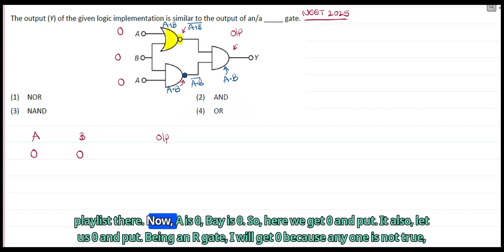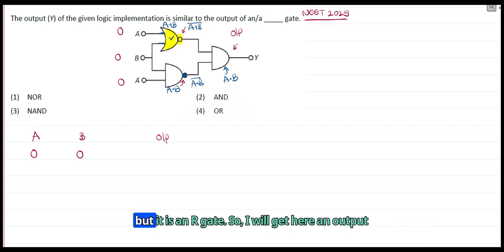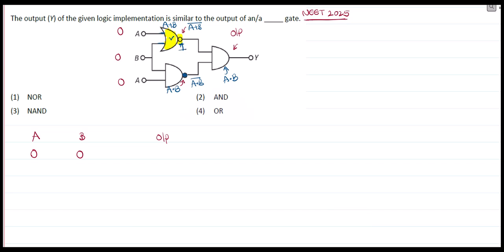Now A is 0, B is 0. So here we get 0 input, here also we get a 0 input. Being an OR gate, I will get 0 because neither is true. But it's a NOR gate, so I will get an output of 1 here.